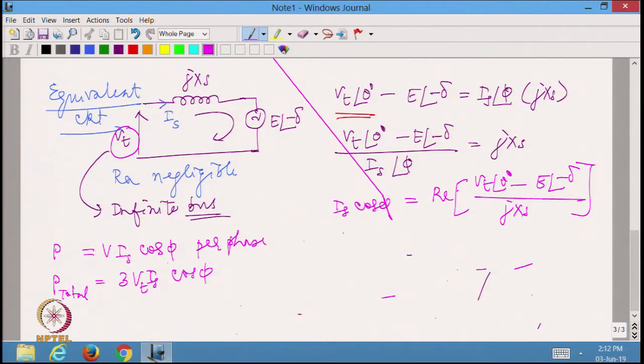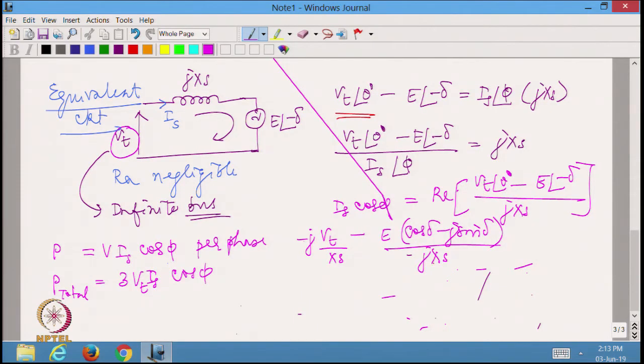Okay. Now, I can write Vt angle 0 minus E angle minus delta. I should be able to write this as Vt divided by Xs, and this is 1 divided by j, which is essentially minus j, and I am going to have E angle minus delta, right. So, E can be written as cos delta minus j sin delta, divided by jXs.